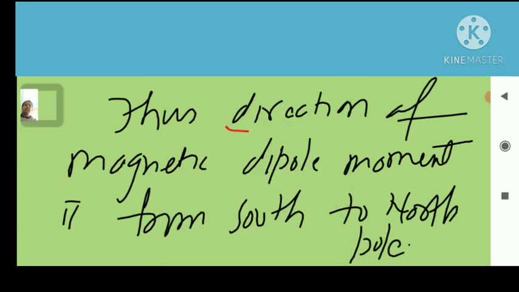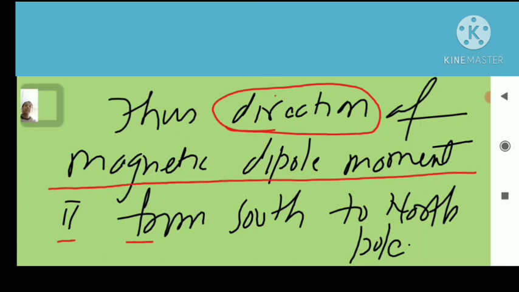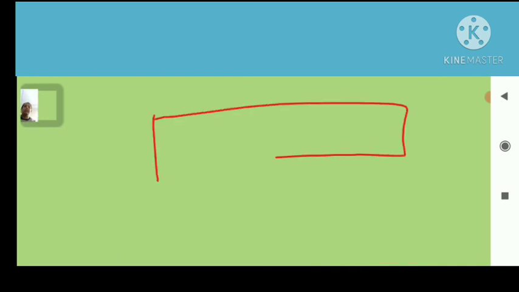If we take any bar magnet with north pole and south pole, the direction is along south to north pole.